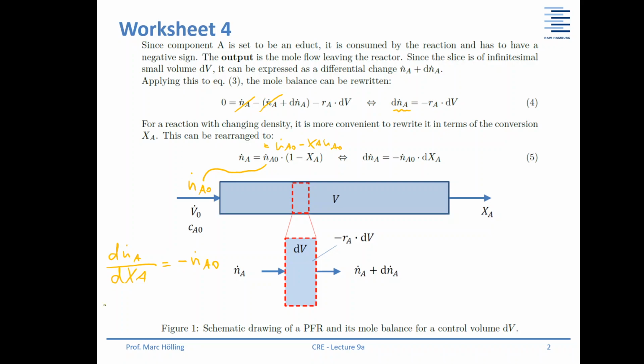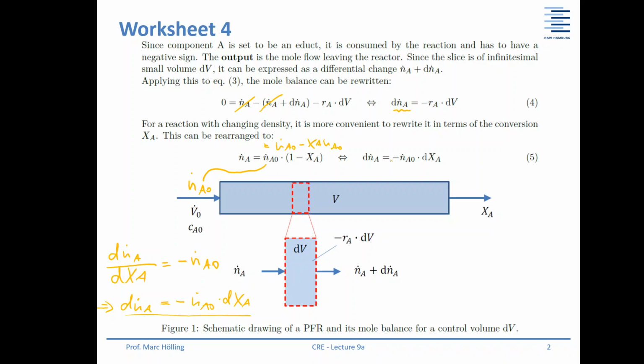Then you can rewrite it. If you want to know dN dot A, this is minus N dot A0 times dXA. This I wrote here.